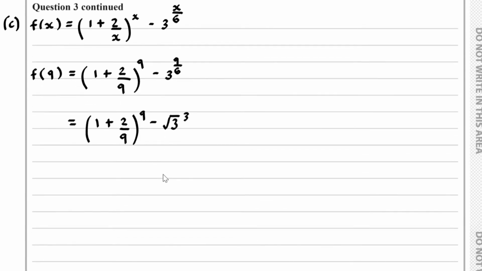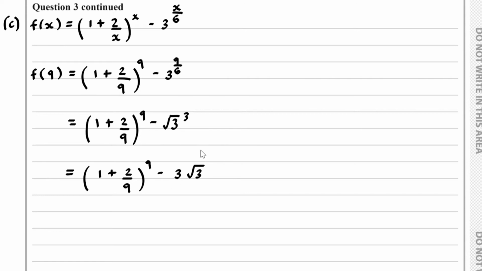So we have 1 plus 2 over 9 to the 9, subtract 3 times by root 3.